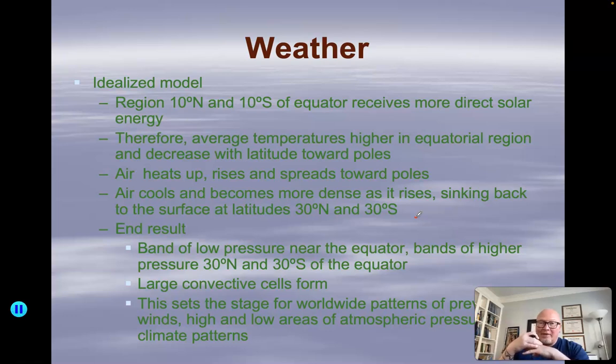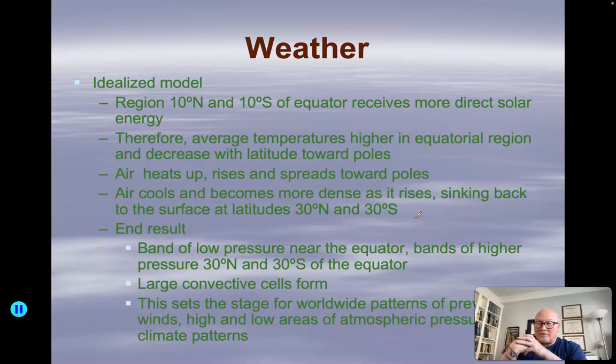All right, so if we take a look, what I've got here for you is this region on the Earth's surface between 10 degrees north and 10 degrees south of the equator. That area tends to receive much more direct solar energy than any of the rest of the Earth. As a result of that, the average temperature there is higher than anywhere else, and then it will decrease.